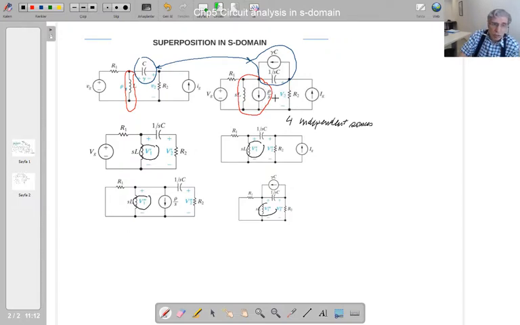So I divided this into 4 different circuits and found the voltage between these terminals A and B. We are saying this voltage between these 2 terminals is V1, and each one includes only one independent source in the voltages that we calculated.